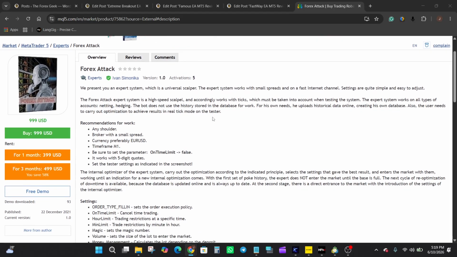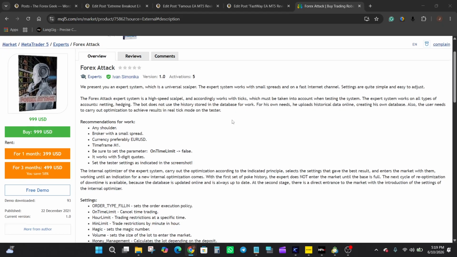From the description, this EA is presented as a universal scalper designed for fast execution environments. It is clearly built for low spread conditions and is intended to run on a fast and stable internet connection, which already tells me it is focused on high speed trading behavior.